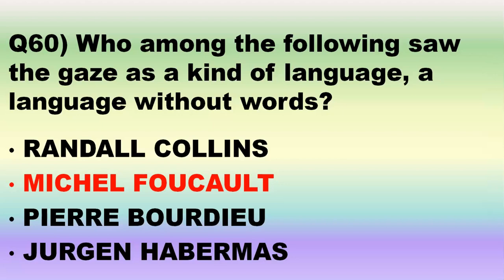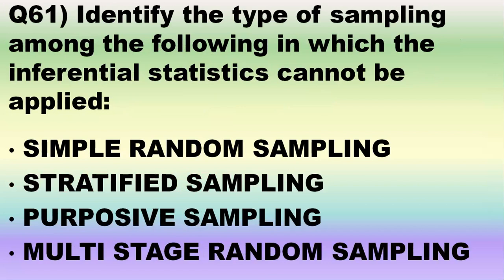61 is again a question from research methodology. We have to identify the type of sampling in which we can't apply or use inferential statistics.